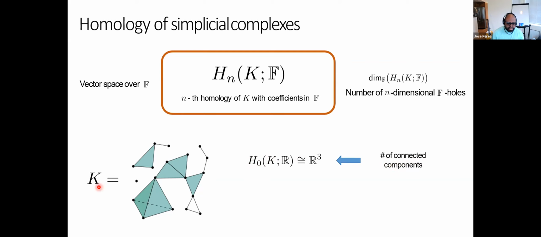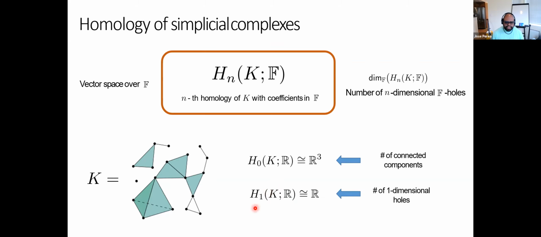If you look at the simplicial complex, we have this vertex all by itself, we have this other piece that is connected, and we have this other giant piece that is also connected. So 3 connected pieces. That's why when you compute the zeroth homology, you get R^3. The dimension is 3 because you have 3 connected components. So again, remember, 0 equals connected components.